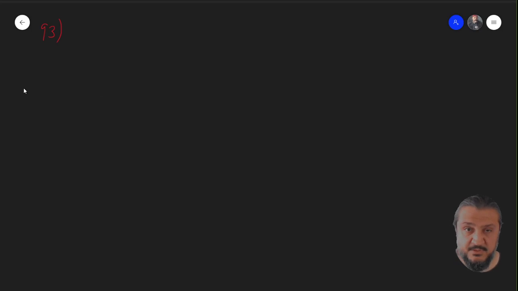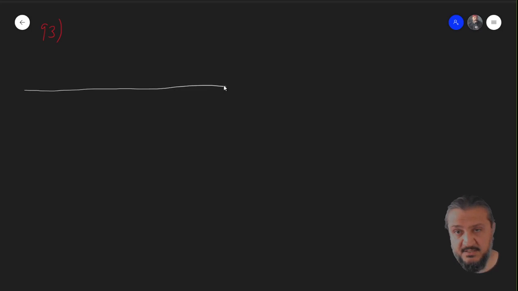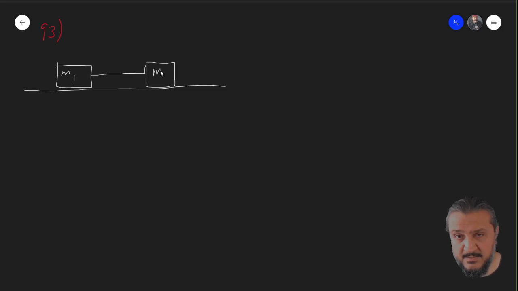So a bunch of words, but let me just draw the picture here, which will be this. You have M1, which is attached to M2 with a cord in between. And then there's a second cord attached to M2. So the tensions that are involved are T1, just copying the picture here, and T2.